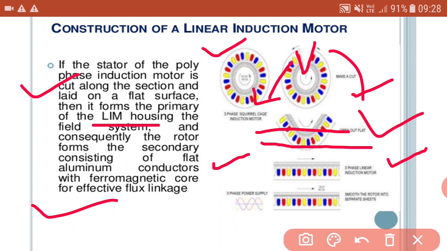This one is red, yellow, blue, red, yellow, blue. This is the three-phase winding. Above this there is a rotor, and it consists of flat aluminum conductors. So this is the construction of a linear induction motor.